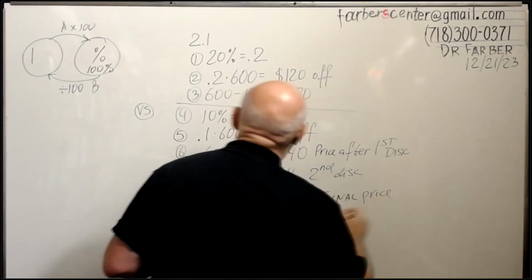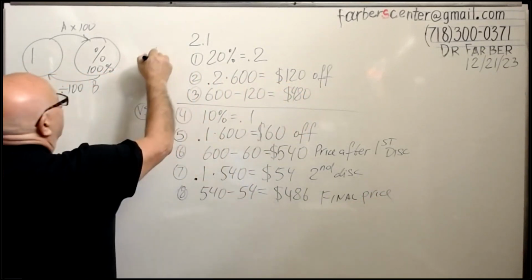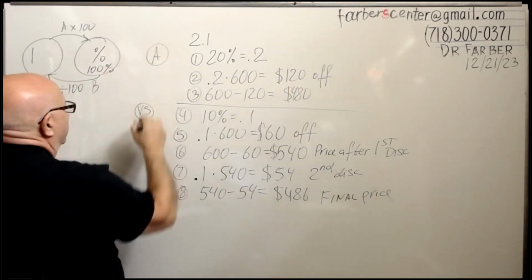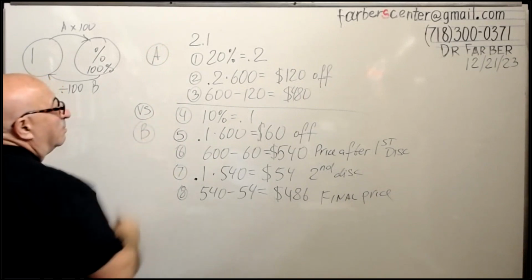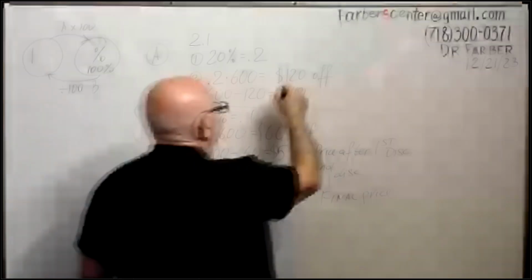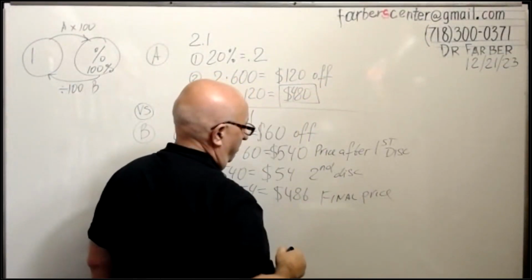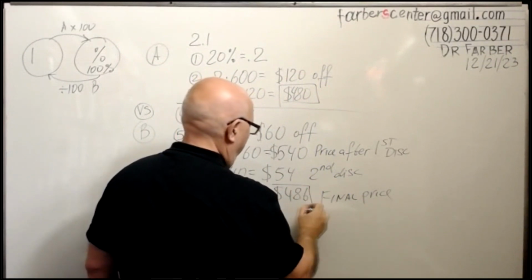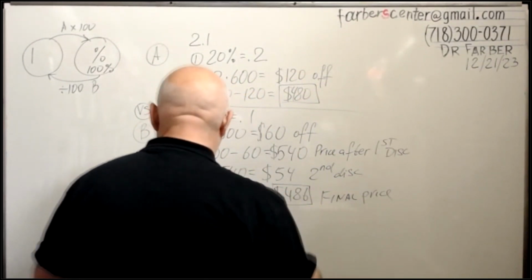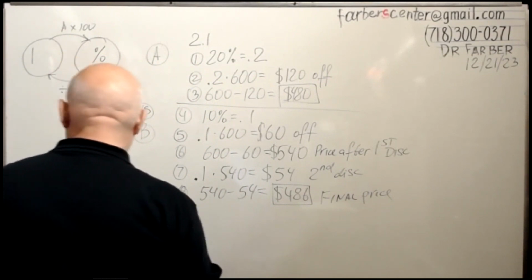Final price. This is scenario A and this is scenario B. In scenario A, we get a final price of 480, and in scenario B, 486. They ask you what the difference is, right?